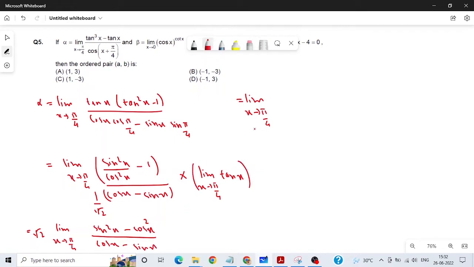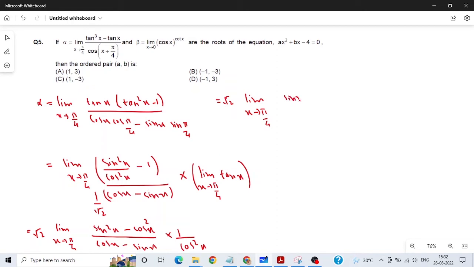Then this value turns out to be 1. Okay. So now let's see what we get. And here there is a 1 upon cos square x in the denominator. So now here again we get a square root of 2 which is common. That's the limit of x tends to pi by 4. Then we can factorize the numerator by using the formula of a square minus b square.